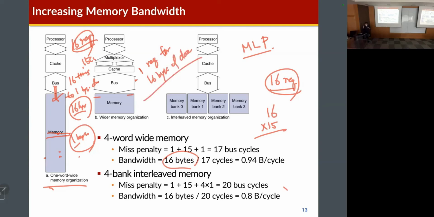The processor only sends one request for the 16 bytes of data, waits 15 cycles, and then receives 16 bytes of data. So it will cost only 15 cycles. But the problem is that if we use the larger bus, the cost will be very high.